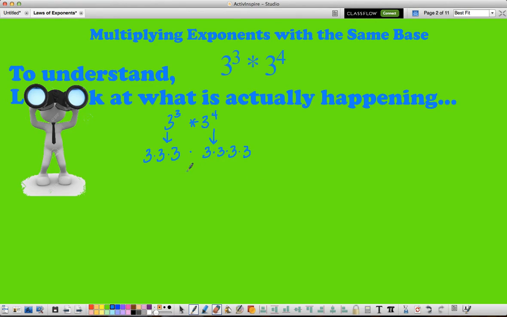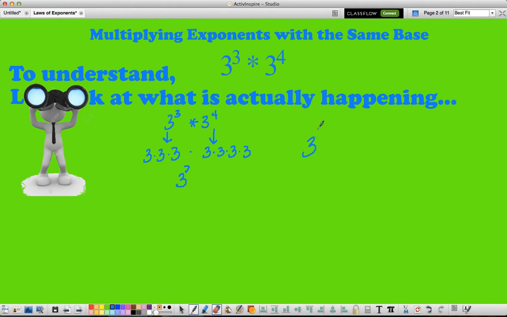And I know from my understanding of math that I can just take that 3 and make it my base and say that since I'm multiplying it together 7 times, I can shorten it by calling it 3 to the 7th power. Well, if you take a look at the exponents, is there any way that you can use 3 and 4 and get to 7?